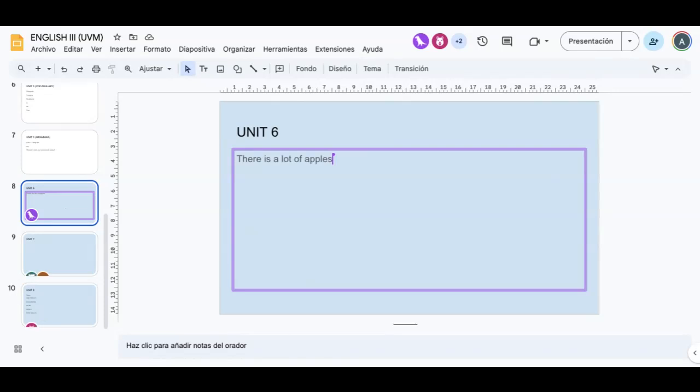In Unit 6, there are a lot of apples. Okay. Countable and uncountable nouns. This is a countable noun. A lot of, we can use with both types of nouns. A lot of. Another one.